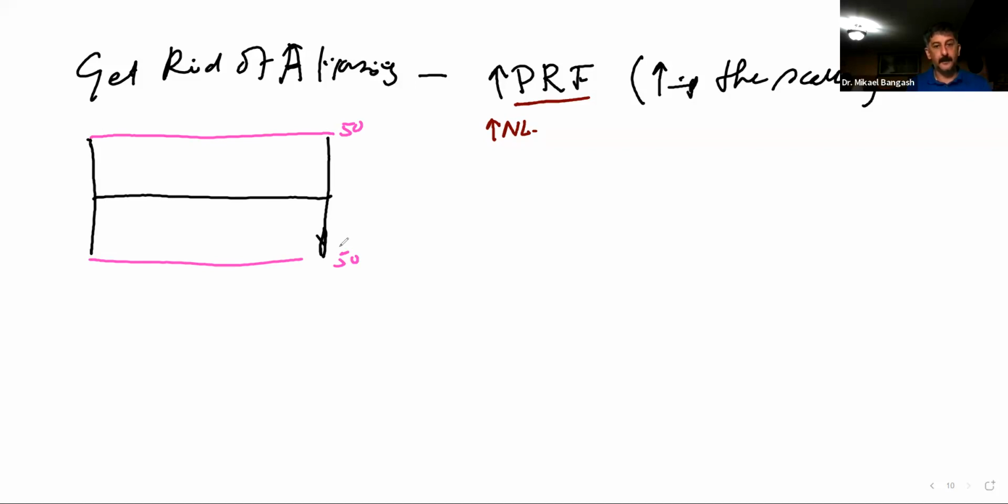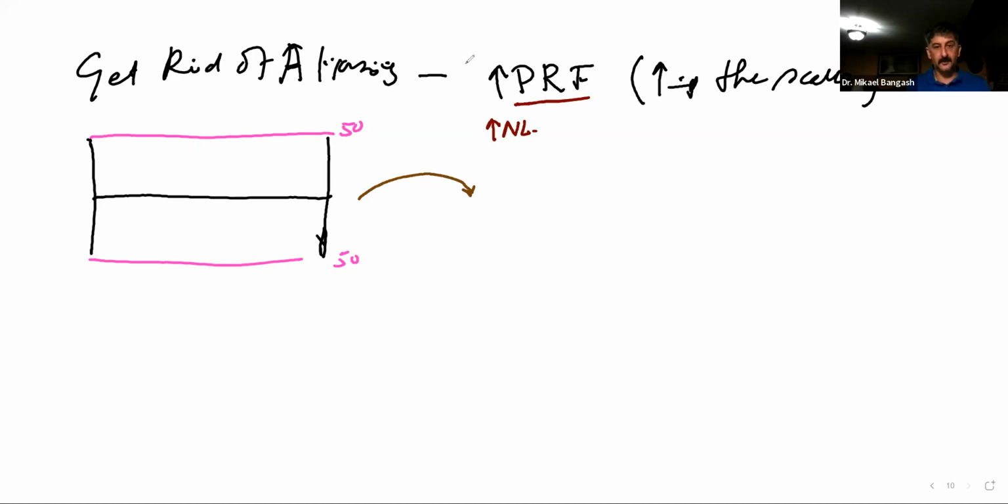What was going to happen when we increase the Nyquist limit, or actually, increase the PRF, it was going to just increase the scale.